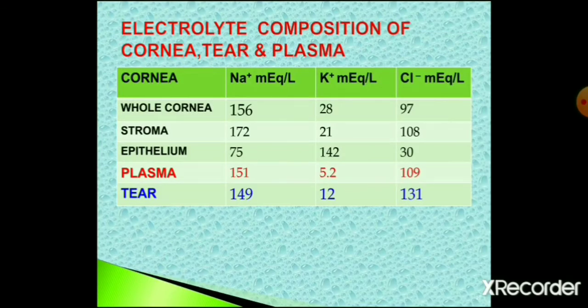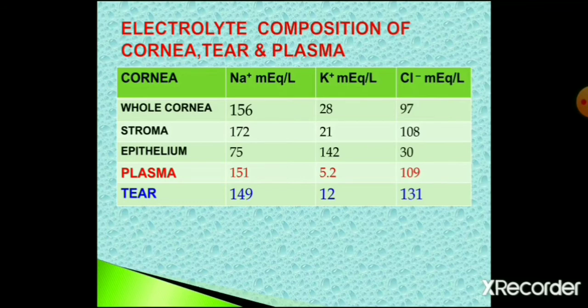Now in this table you can compare the various electrolytes in plasma, tear and the cornea. Cornea, again it is divided into stroma, epithelium like that, and plasma and tear film. Each sodium, potassium and chloride, its level is shown. Here you can see whole cornea 156 milliequivalents per liter sodium and 28 milliequivalents per liter potassium and 97 chloride.